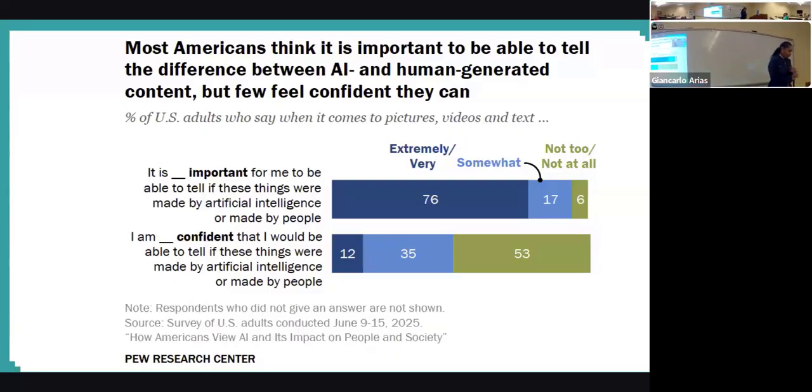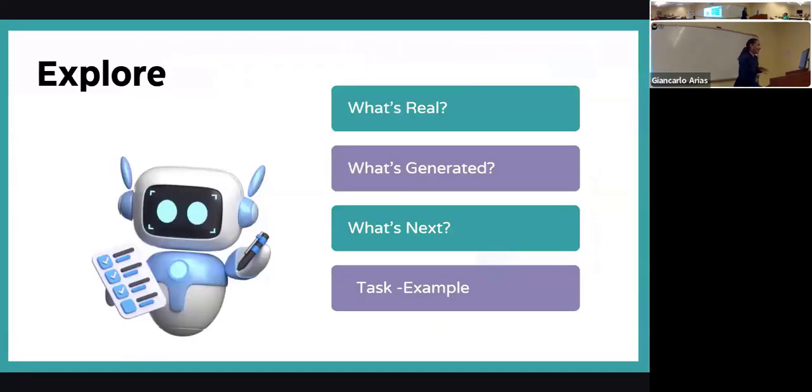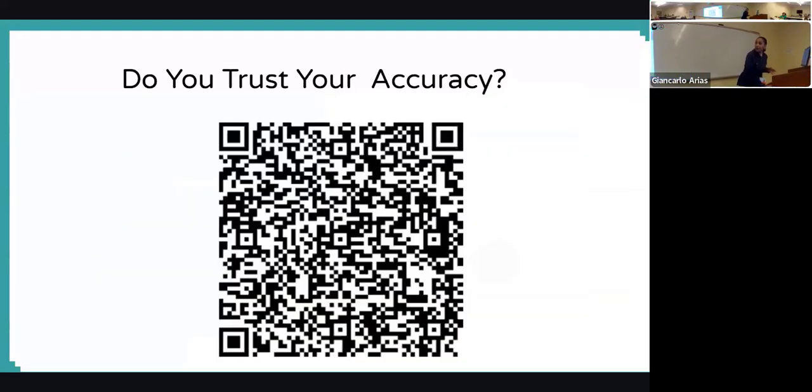We're going to look at what's real, what's generated, and what's next. You're going to use your phone and identify which photo is AI and which one is not. It's quick, it's easy, and it will tell you your score instantly. So let's see if you can trust your own judgment.